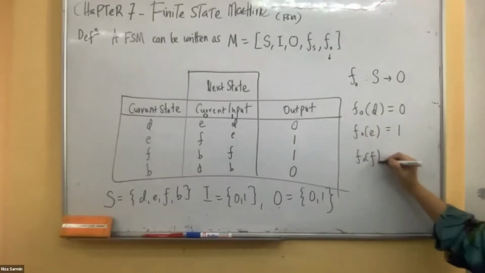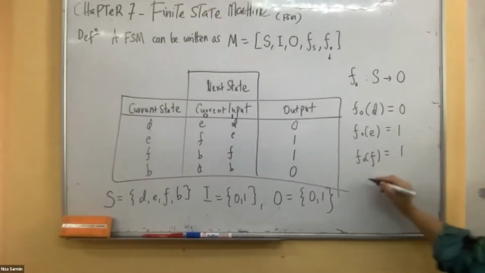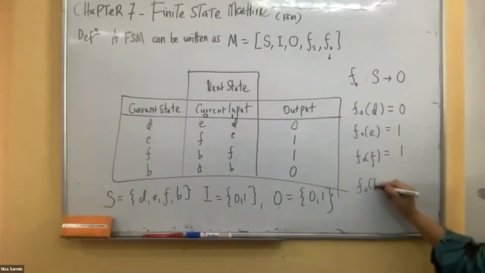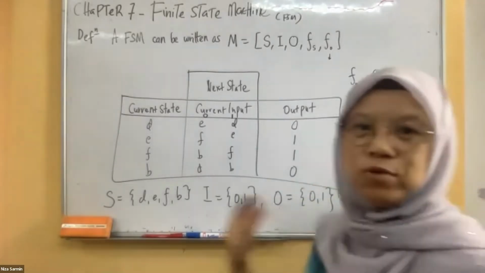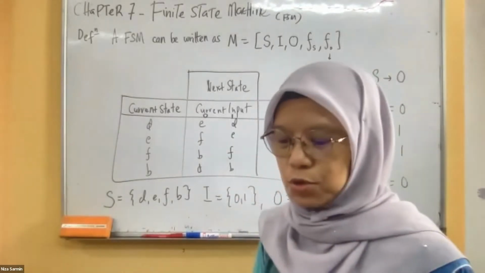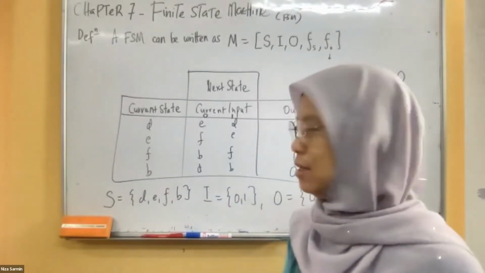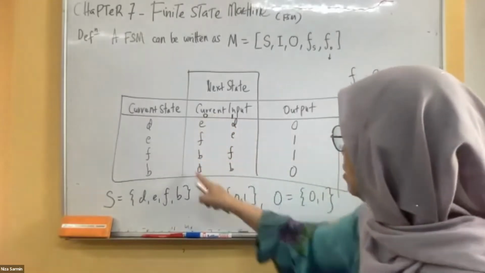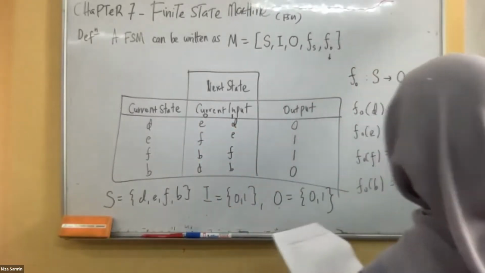Fo of F is 1. Fo of B is 0. So this is the output function. And the last one, you need the next state function, right? So the next state function will give you something.